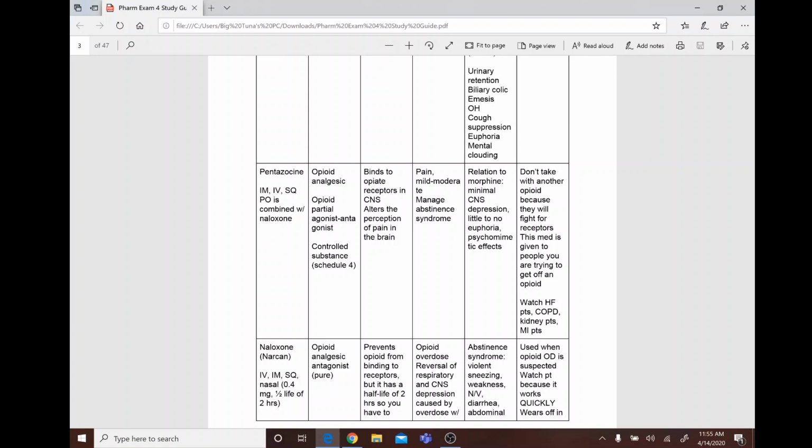What is the therapeutic class of pentazocine? Opioid analgesic. What is the pharmacological class of pentazocine? Opioid partial agonist antagonist. What is the Controlled Substance Act of pentazocine? Schedule 4. What is the action of pentazocine?